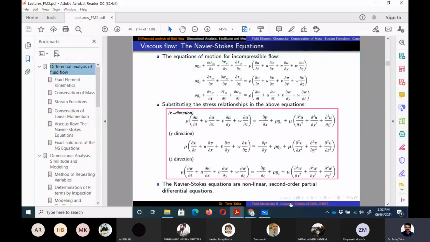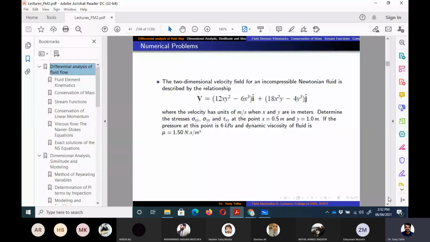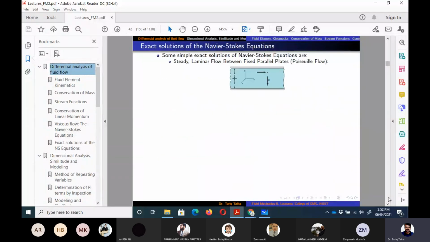They are non-linear second-order partial differential equations, and the exact solution of such equations has not been found yet for the complete equation. But for certain cases we can simplify the equation so that it becomes an ordinary differential equation, and then we can do the solution accordingly.